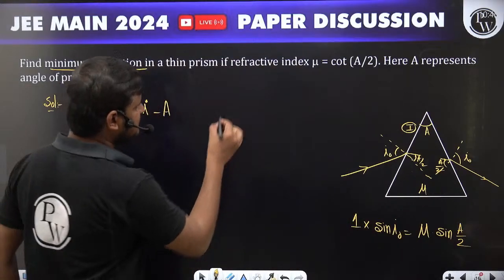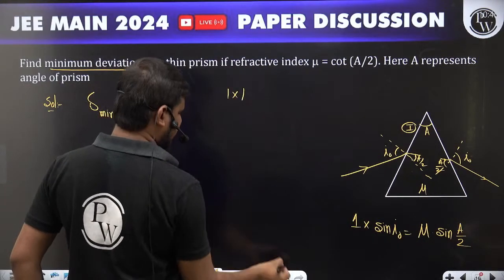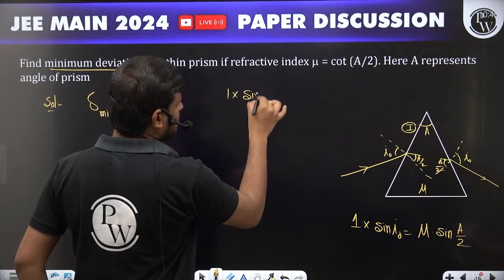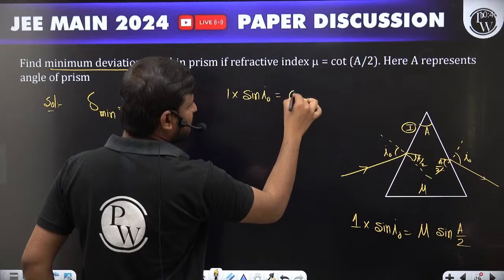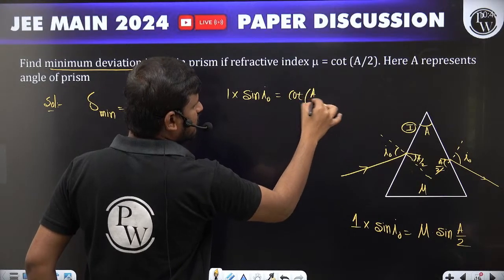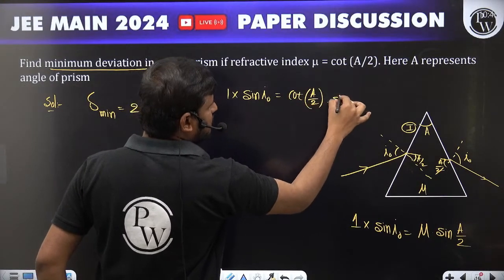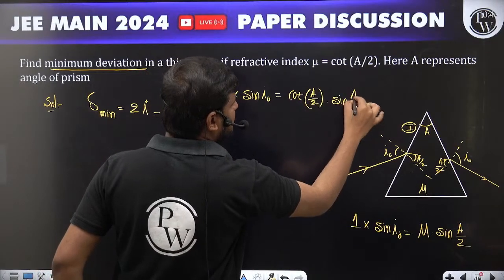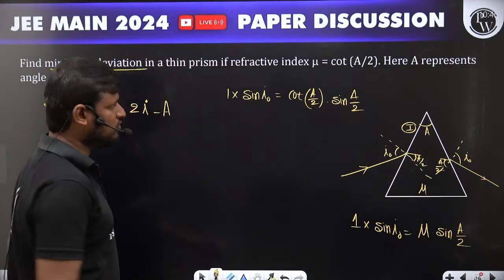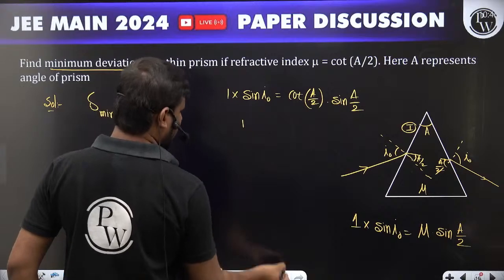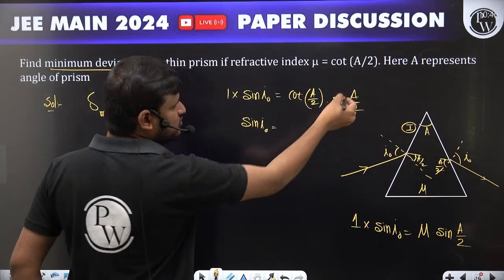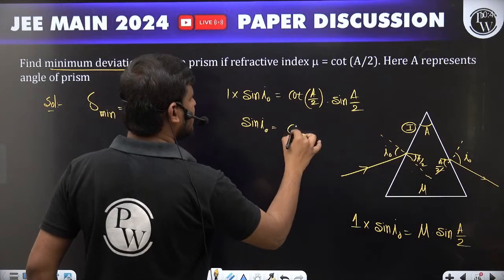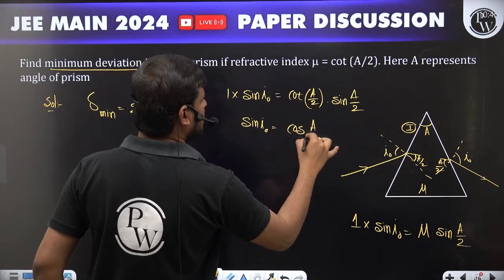From here I can say that 1 into sine i0 is equal to mu. In place of mu I can write cot of A by 2 into sine A by 2. The cot of A by 2 means cos A by 2 by sine A by 2. Then sine i0 is equal to, here sine A by 2 gets cancelled, so we get cos A by 2, right?